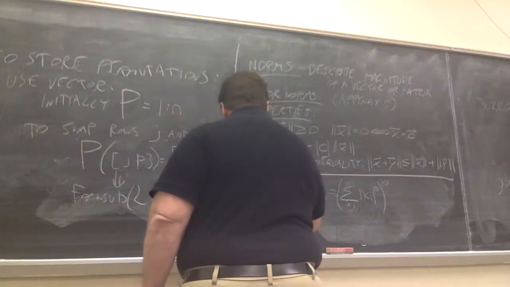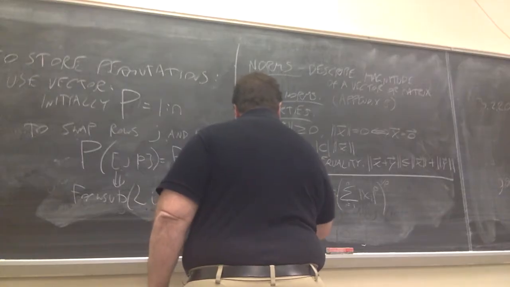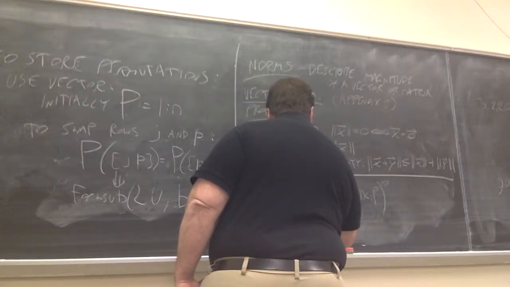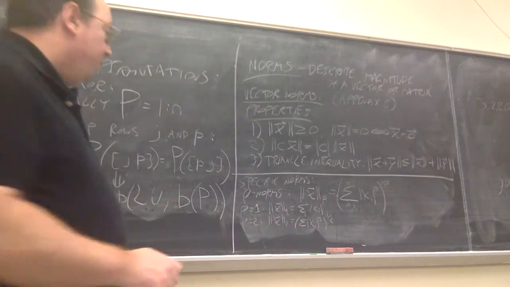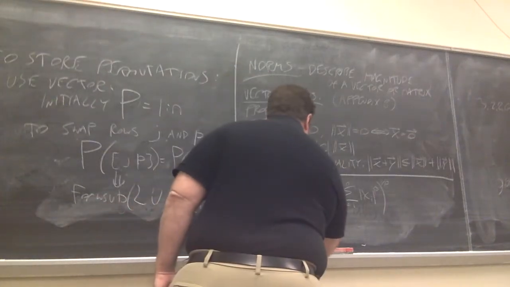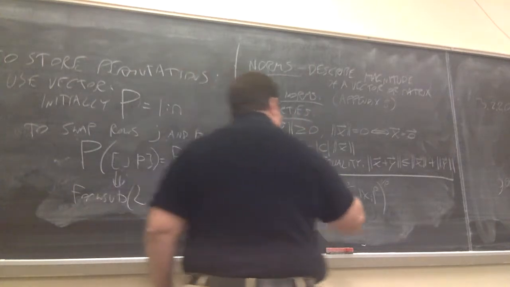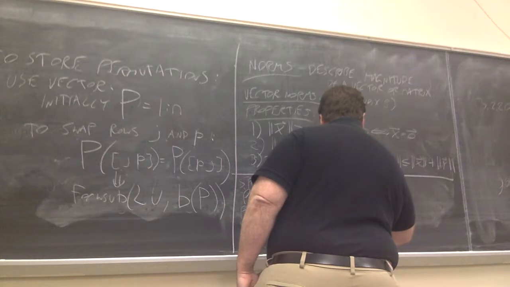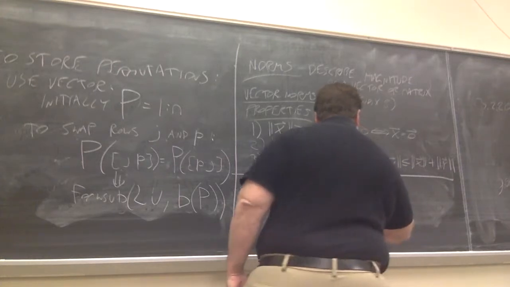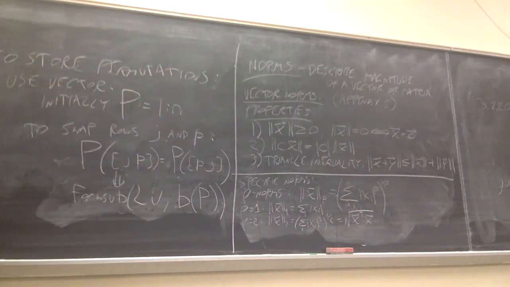p equals 2, so that's the 2 norm, the one you're most familiar with. That would be the square root of the sum of squares. Now, there's another way of writing this that's going to be useful to us now and then, and that is the square root of x transpose x, assuming that x is a column vector.